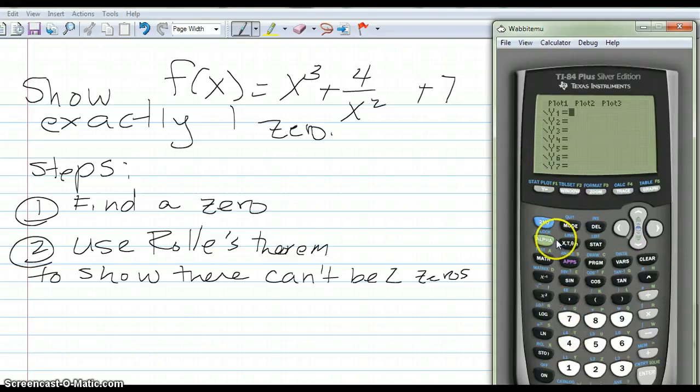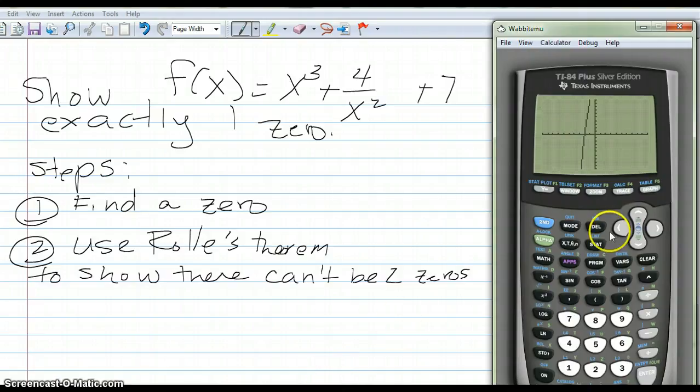So if we put in x cubed plus 4x to the -2 plus 7, and we graph, we'll see that it does have this 1 zero between -infinity and 0. And normally you'd want to use the intersect feature and find whatever that zero is.